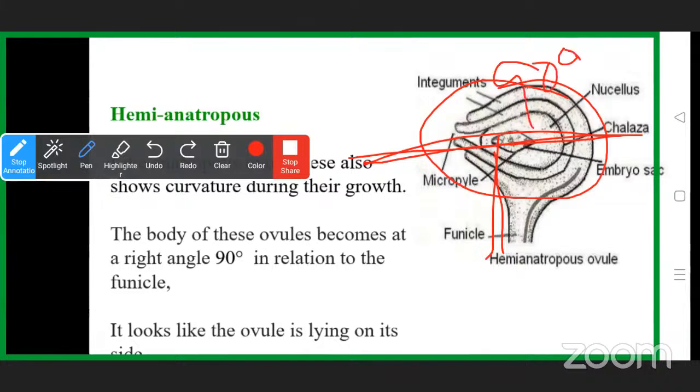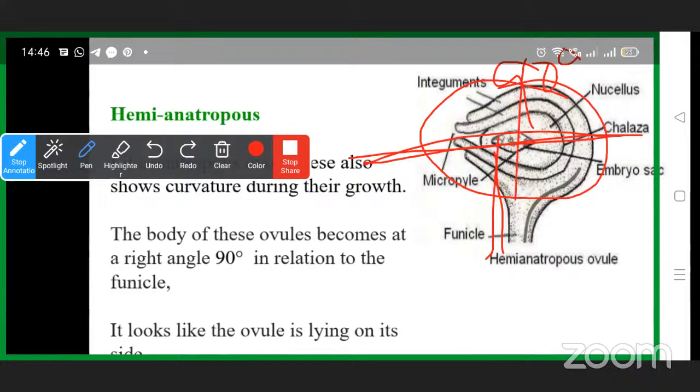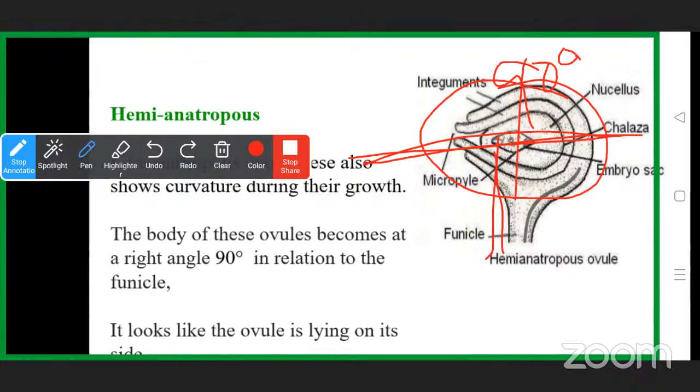That type of ovule we call hemianatropous ovule.